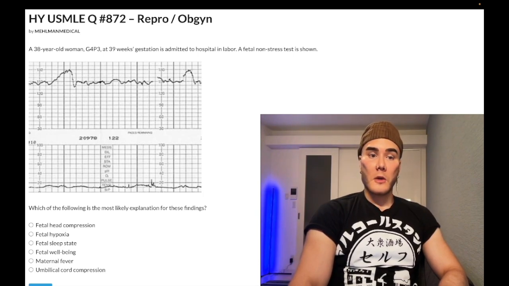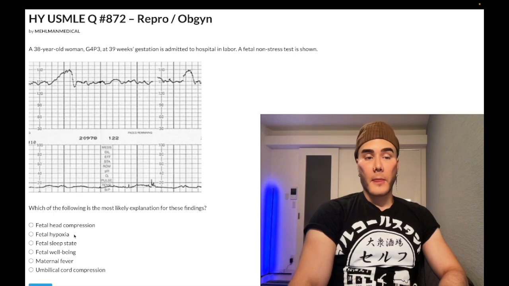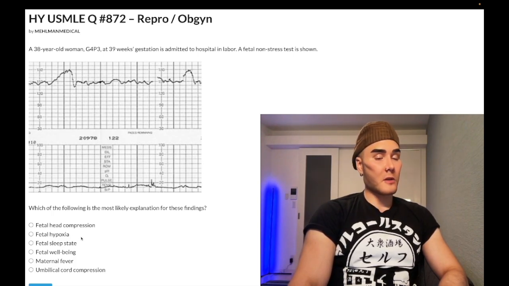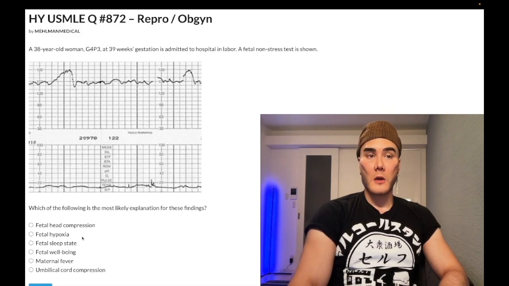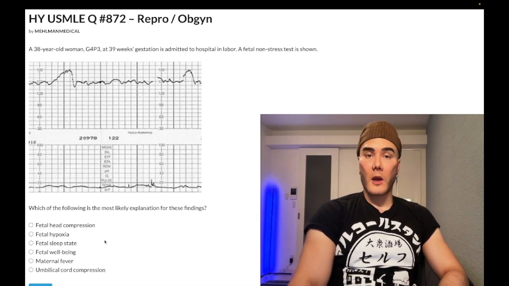Where we said early decels are in the same y plane, late decels occur ever so slightly after the uterine contraction. So for uteroplacental insufficiency or fetal hypoxia, we have late decels. USMLE wants a triad of number 1, stop all oxytocin, number 2, give the woman oxygen, number 3, position her left lateral decubitus. Fetal hypoxia, wrong answer.